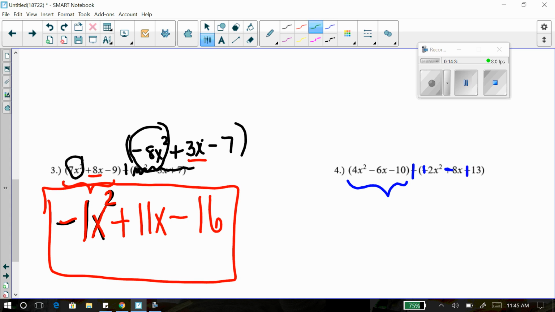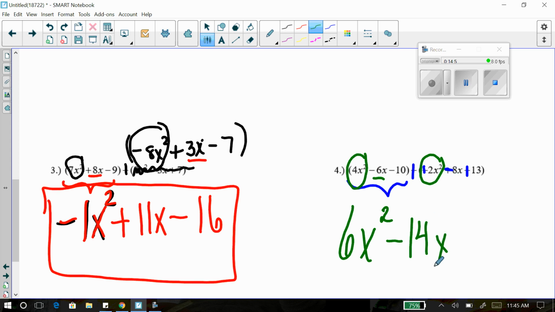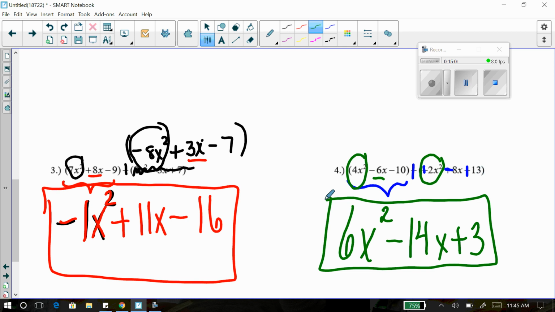And now we just combine our like terms. 4x squared plus 2x squared gives me a 6x squared. A negative 6x plus a negative 8x gives me a negative 14x. And negative 10 plus 13 gives me a positive 3. That is my answer. Go ahead and drag and drop that one also into that spot.